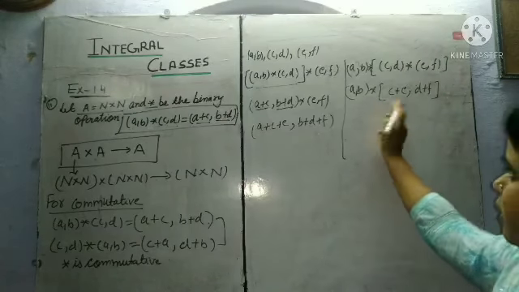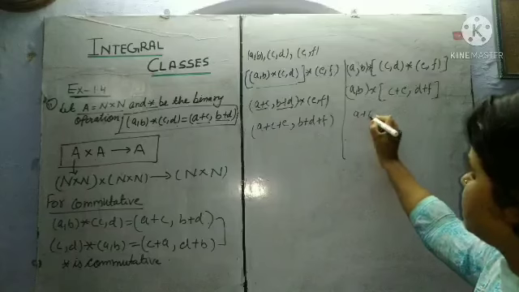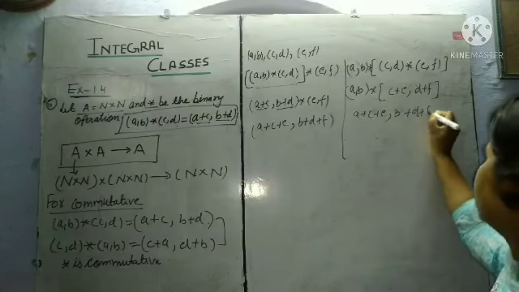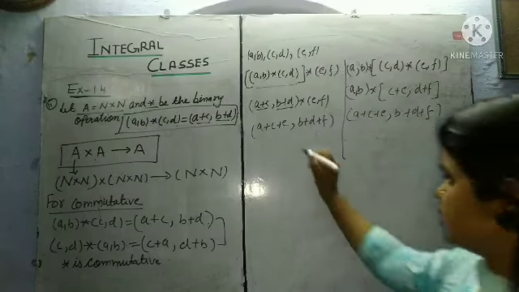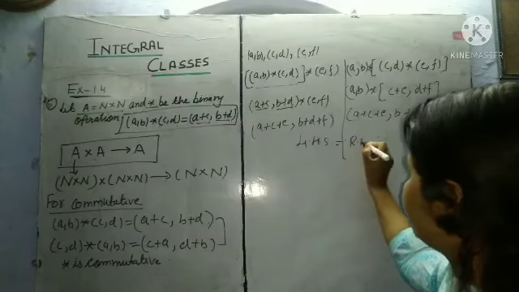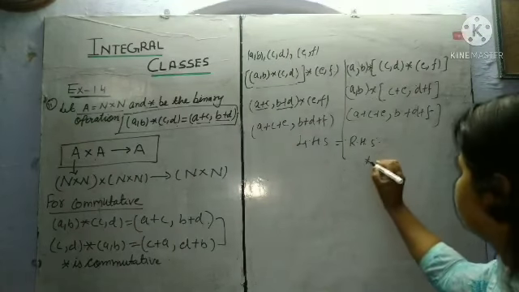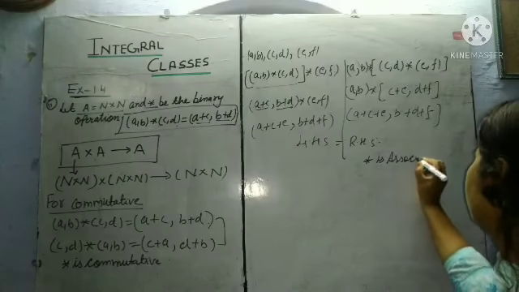Now again we apply the binary operation, then get (A plus C plus E, B plus D plus F). So student, as we observe here, the left hand side equals the right hand side. So star follows the associative property. Star is associative.